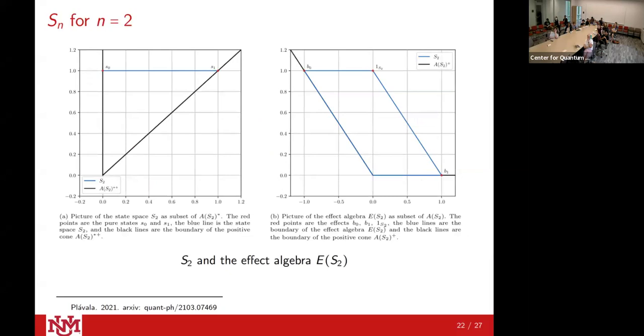So for n equals 2, your simplex is this blue line, the state space is the blue line up here. You're somewhere between S0 and S1. And then the cone is this. This is B0, so it projects S0 to 1.